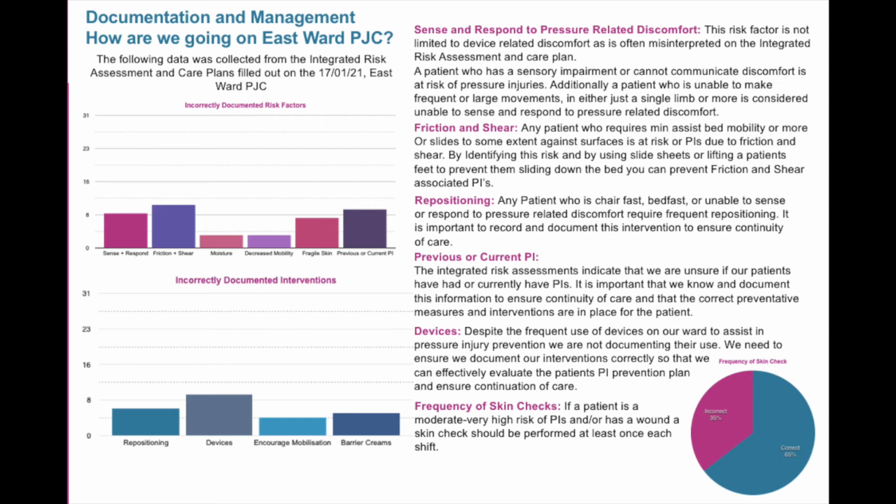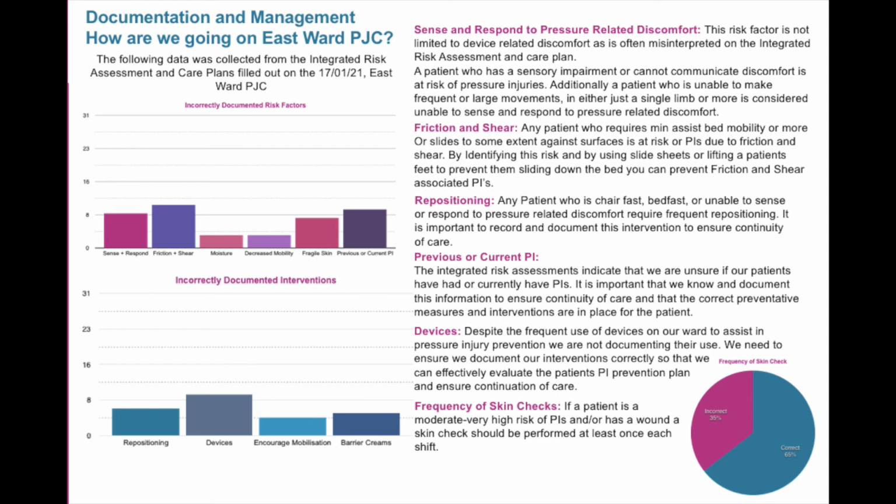So this risk factor is not limited to device-related discomfort, as is often misinterpreted on the Integrated Risk Assessment and Care Plan. So a patient who has any sensory impairment or cannot communicate their discomfort is at risk of pressure injuries. And additionally, a patient who is unable to make frequent or large movements in either just a single limb or more is considered unable to sense and respond to pressure-related discomfort.